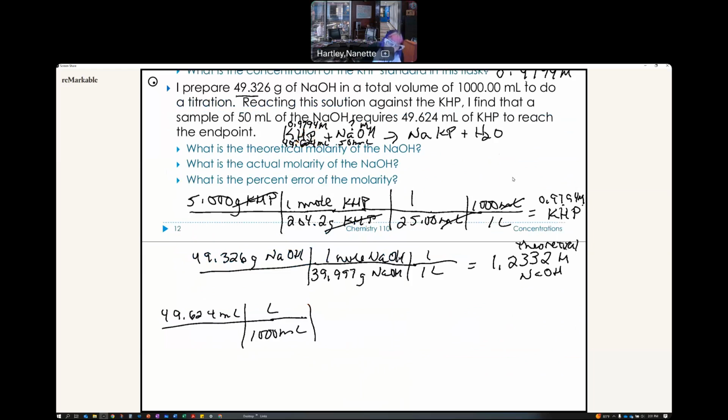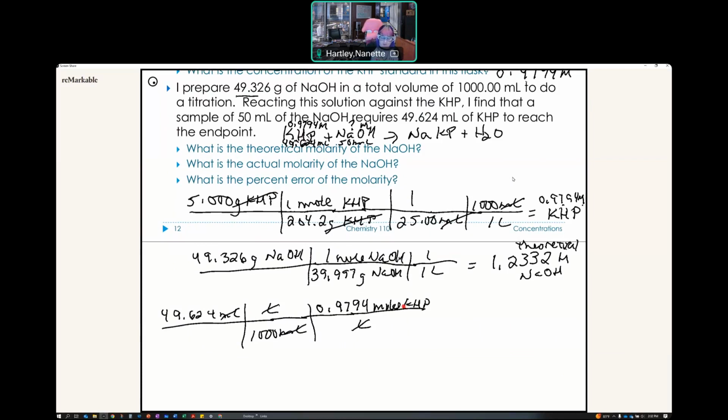And I do that because I then want to multiply it by the molarity, 0.9794 moles of KHP per liter. Liters will cancel, the milliliters will cancel, and I'm left in moles of KHP. That's the unit that I have left.